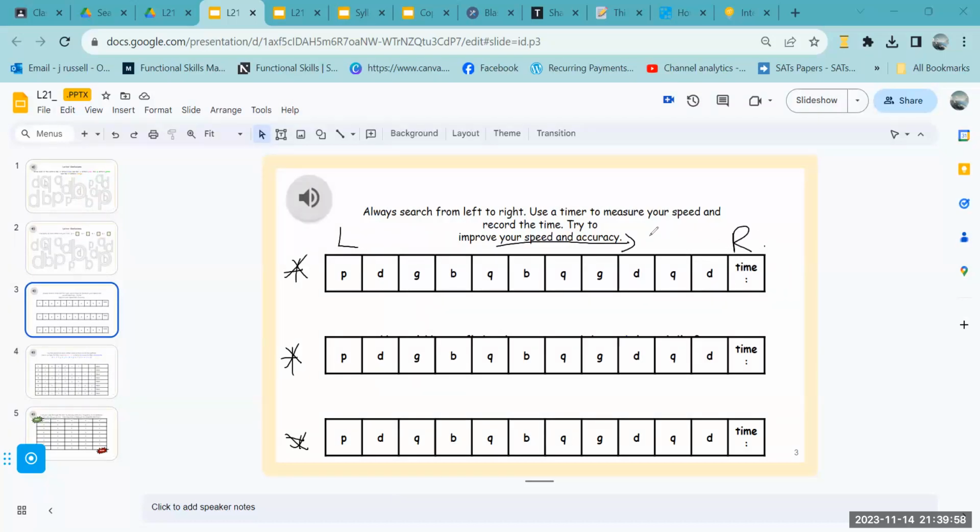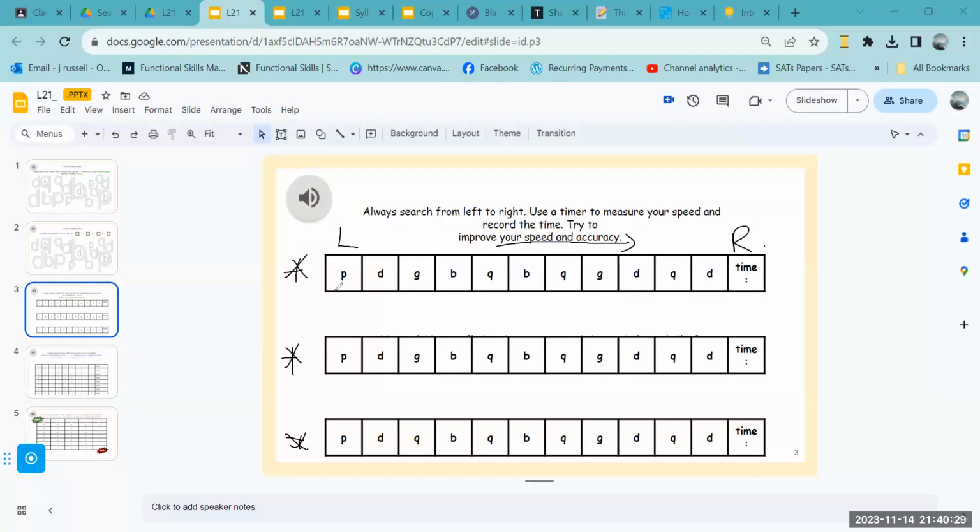Okay, that's really important because that's how we write, that's how we read. Use a timer to measure your speed. So how long does it take to get from the left to the right of that row? So as you go on, what I'm going to ask you to do is to repeat this a number of times to see how fast and how accurate you may be. So what we do is this. You say the sound or the name of each letter as you go.